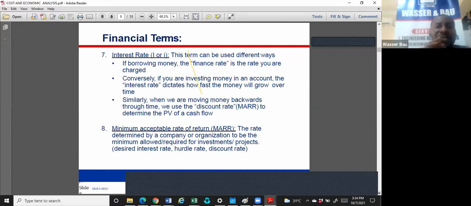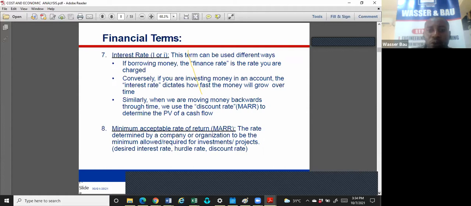The next one is the interest rate, represented as i. This term can be used in different ways. If you are borrowing money, you call it the finance rate. If you're investing money, you call it the interest rate. If you are trying to move backward in time, you call it the discount rate.